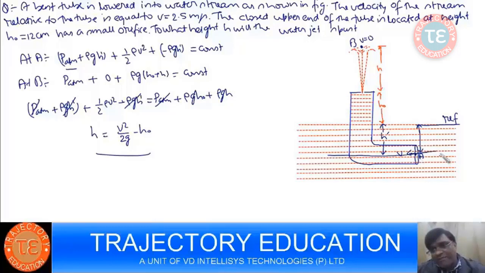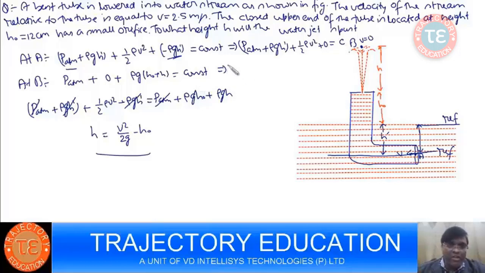Suppose if I take this as reference, then at point A you have P-ATM, this is the static pressure, and kinetic energy per unit volume is this, and this will become 0, that is equal to some constant, whereas over here at point B plus 0, this will be rho g h naught plus h plus this h dash also, that is constant, and you equate them, you'll get the same thing.